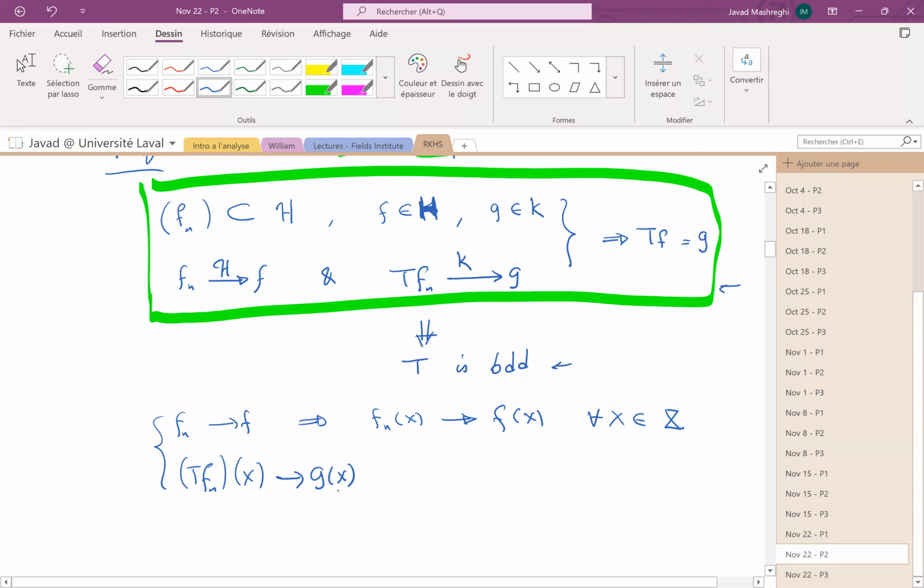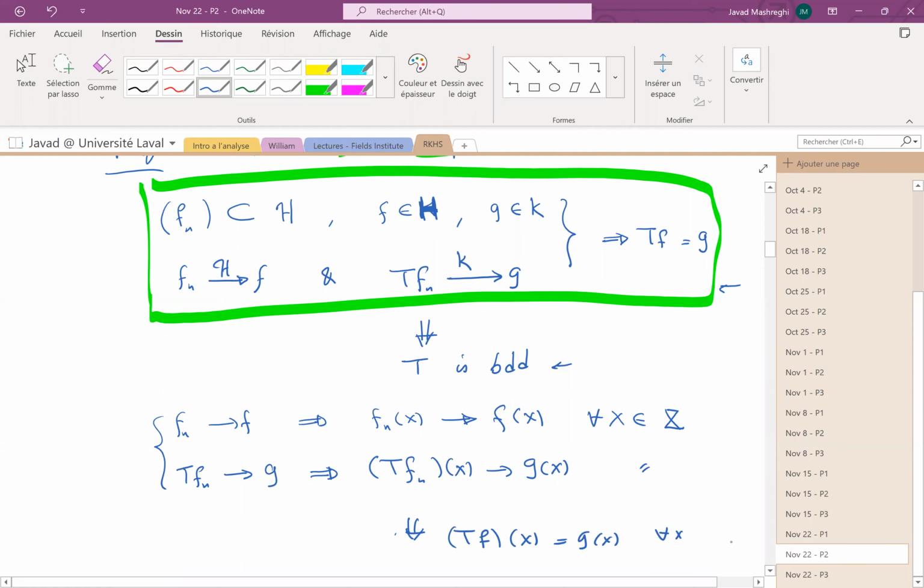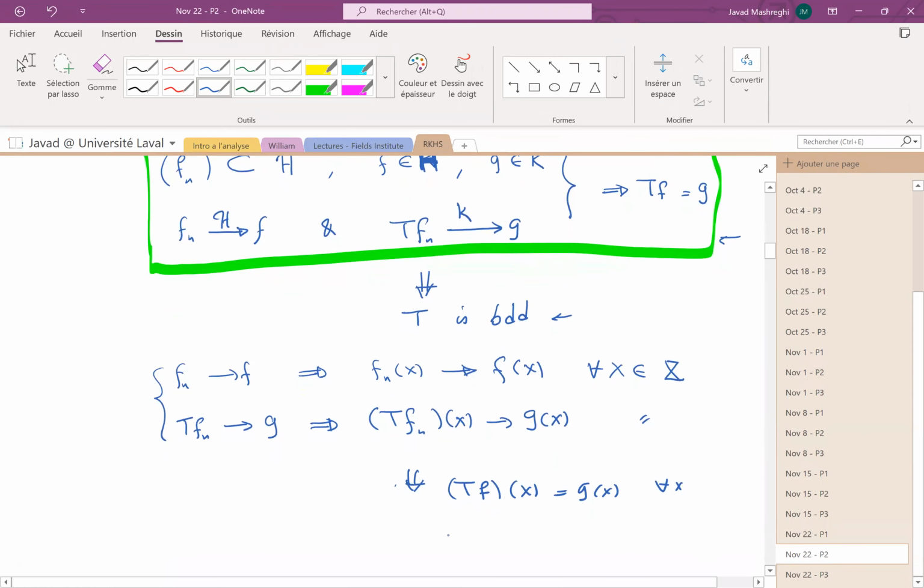No, sorry. There is something here to conclude that T f at all points x is equal to g of x for every x. And so T f is equal to g.